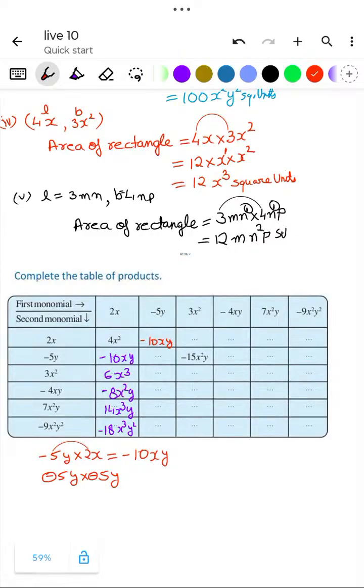So negative 5 into negative 5 is positive 25. y, y to the power 1 here. So 1 and 1 will be y to the power 2. That is y square. So this is 25 y square.